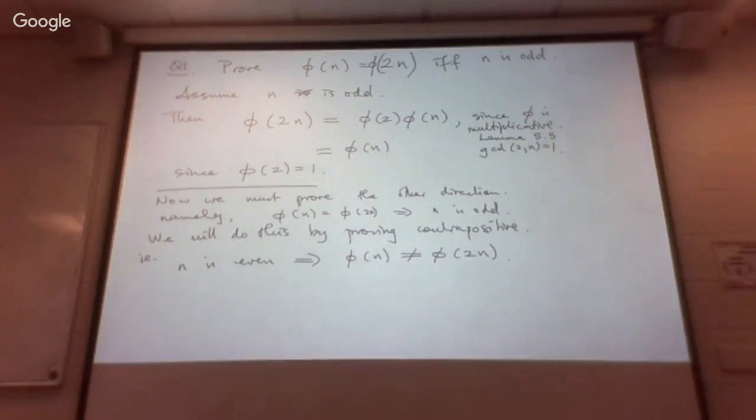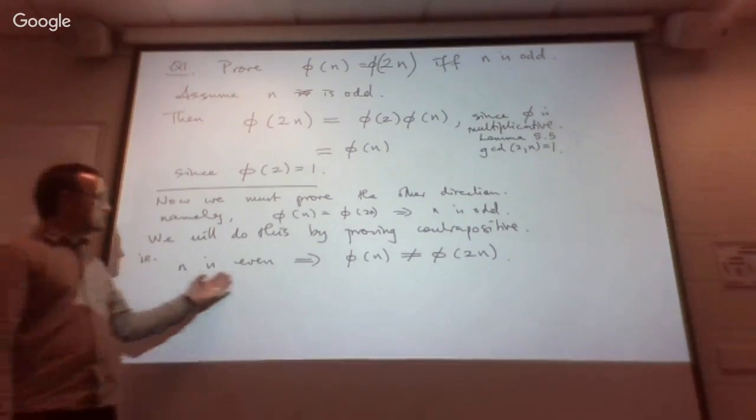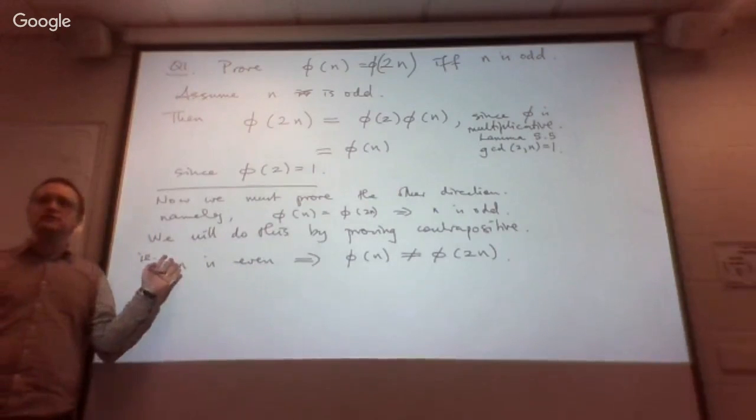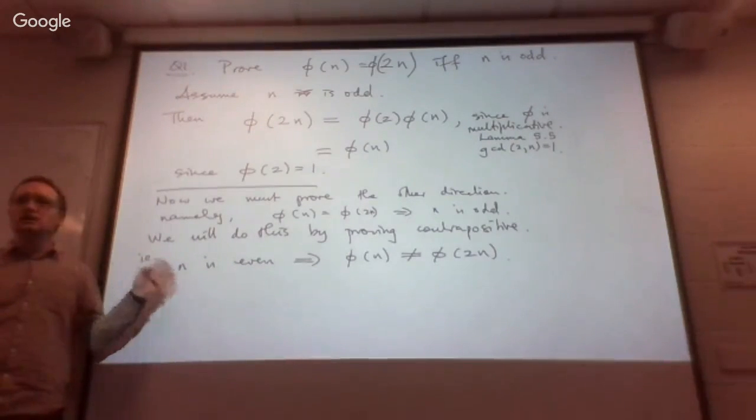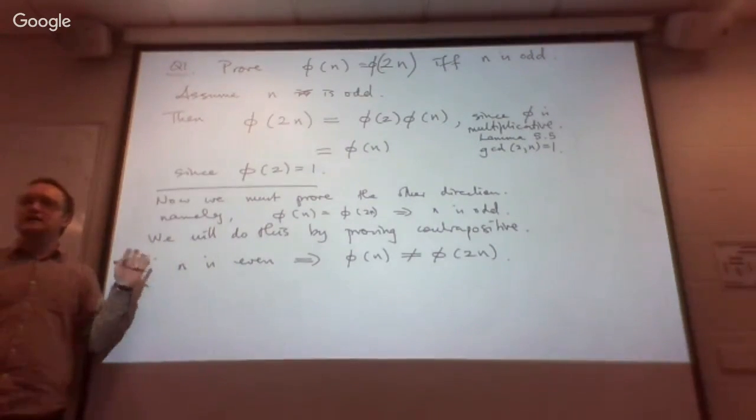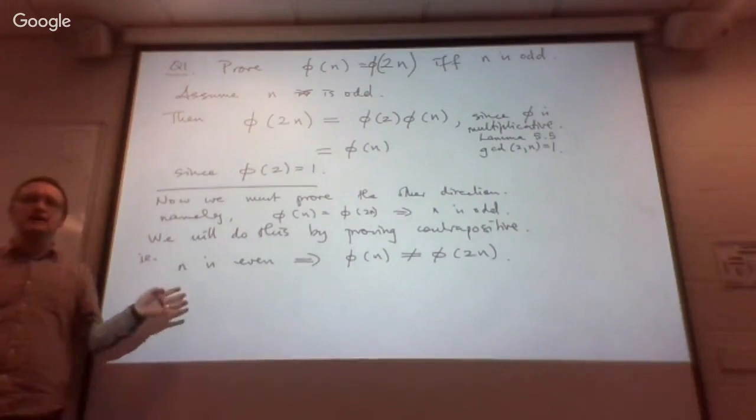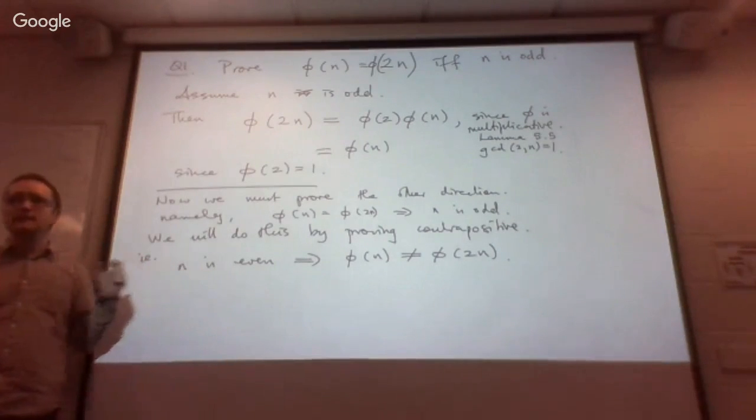And the reason this might be easier to approach is because this assumption here is very easy to work with. It's very easy to encode and get down on the page the fact that n is even.